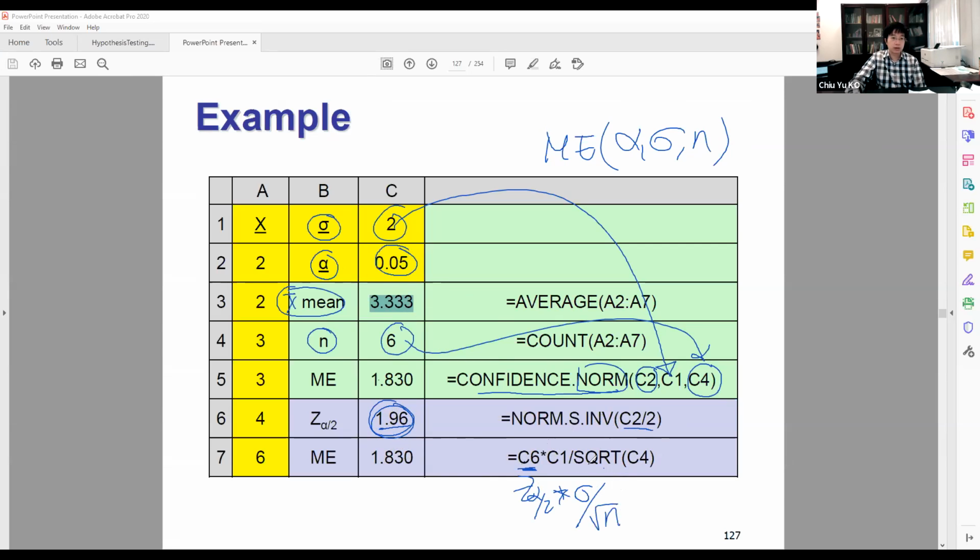So this is the margin of error for normal.